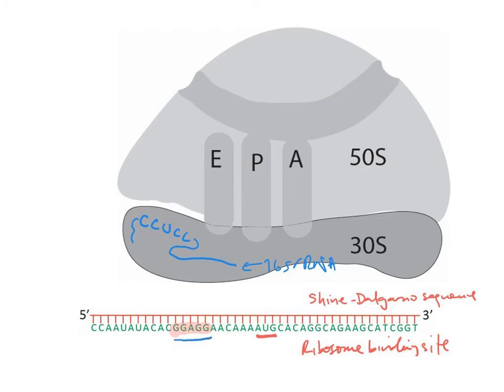So in fact, that's how the ribosome finds the correct spot. It binds exactly to that ribosome binding site sequence. And when it binds at that point, it puts the ribosome in just the right position so that the start codon, which is between 4 and about 7 or 8 base pairs downstream of that GGAGG, is in exactly the right position next to this site where translation is actually going to happen.